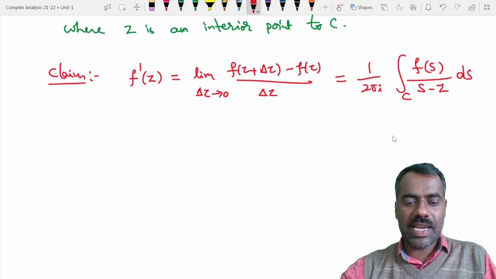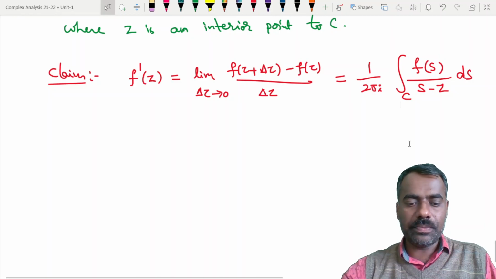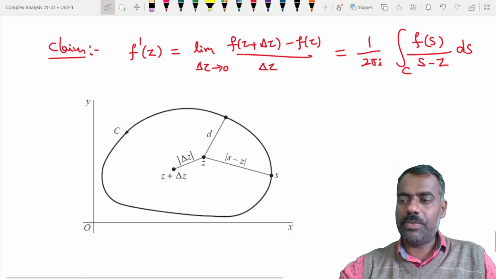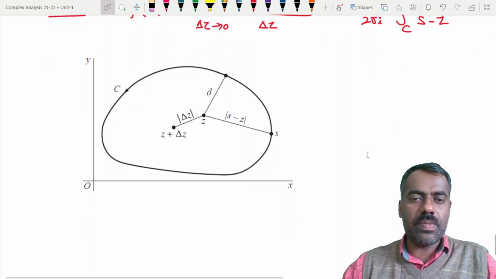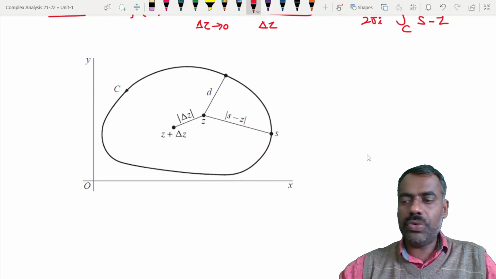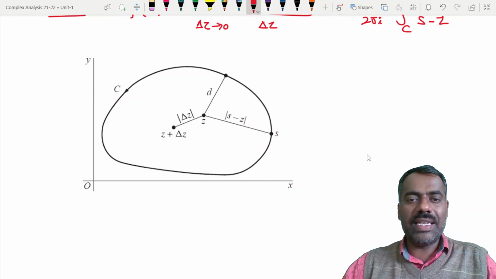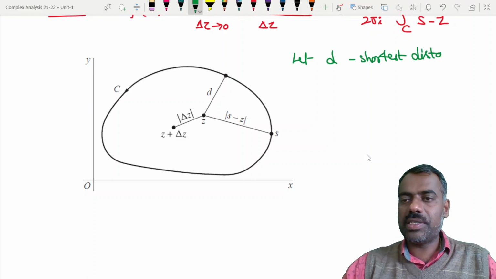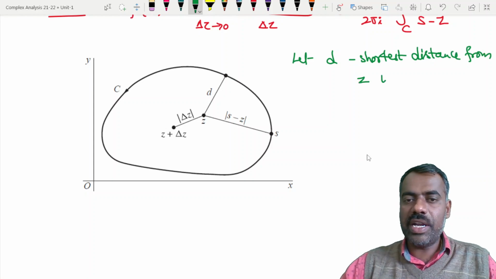So for that, let's take the picture. Consider this picture. I have taken this picture from the textbook. What we are going to do is select, and we'll try to understand this d. So here, let d be the shortest distance from the interior point z to the curve.